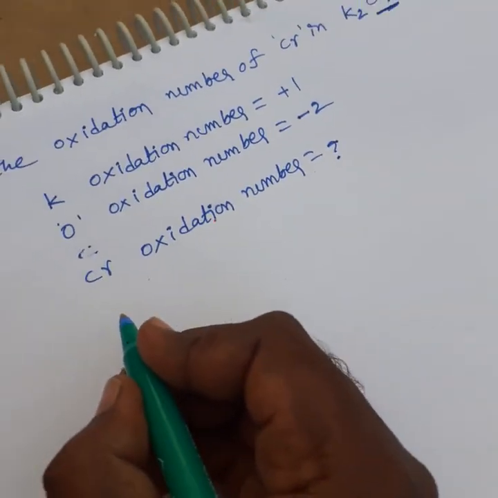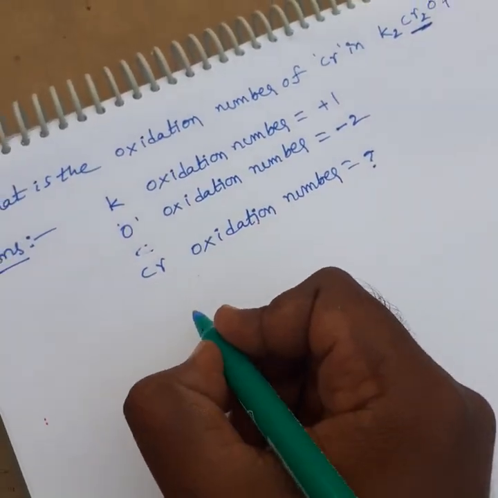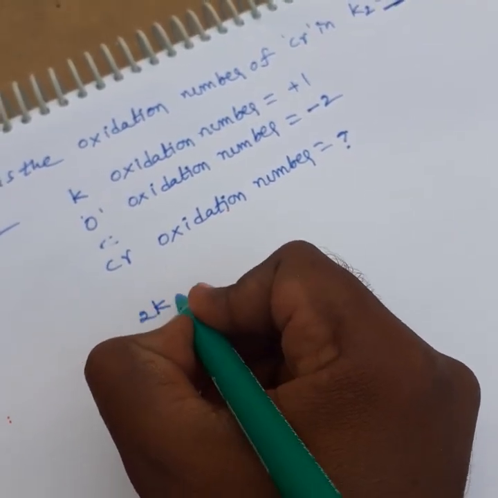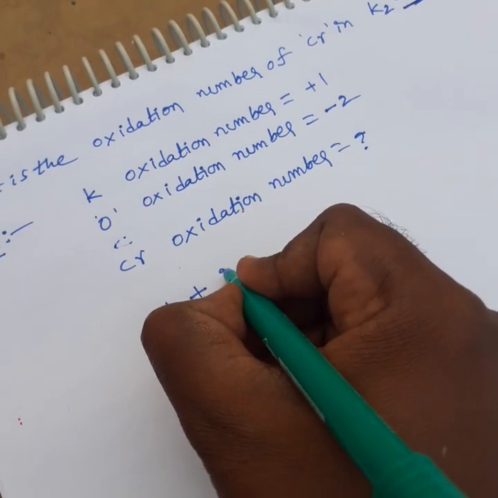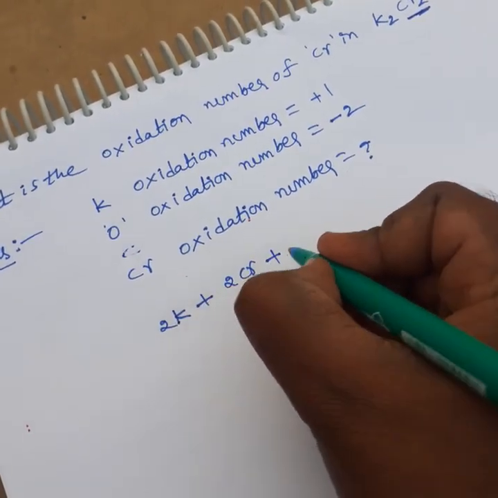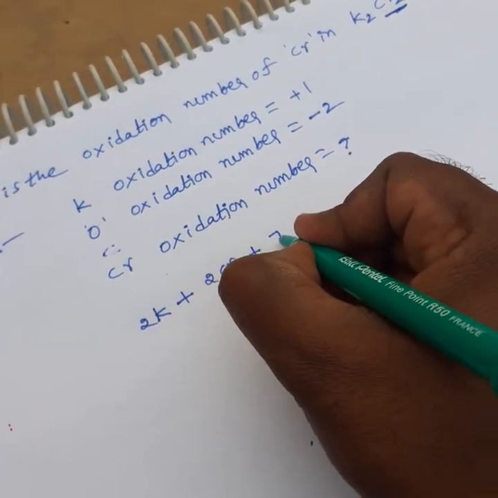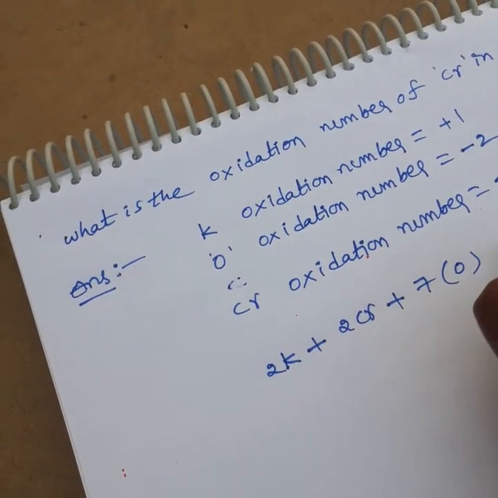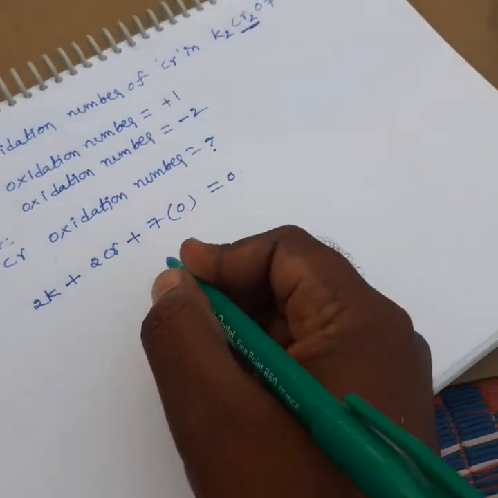This is the formula we follow: 2K plus 2Cr plus 7 into oxygen is equal to 0.